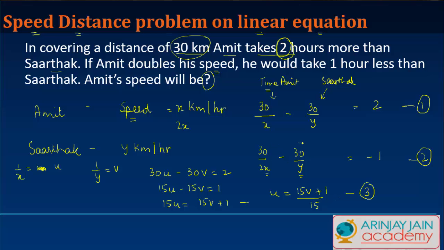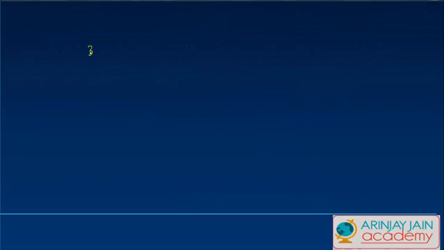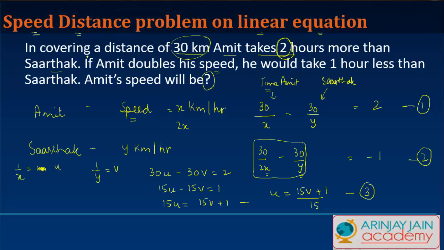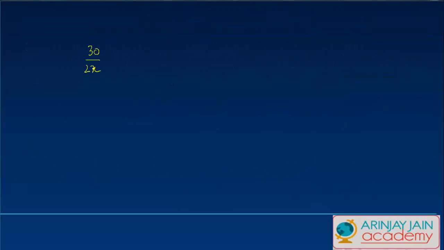If we use this particular equation to solve, I'll move on to the next slide now. We have 30 upon 2x minus 30 upon y is equal to minus 1. In other words, 2 goes into 30 fifteen times, so I can say 15u minus 30v is equal to minus 1.